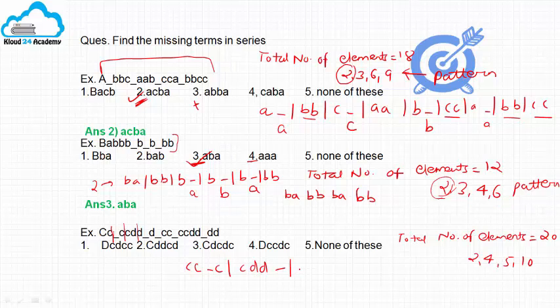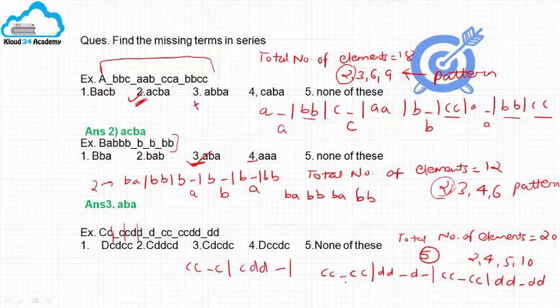If we take 5 at a time, we get CC dash CC, DD dash D dash, CC dash CC, DD dash DD. So here, if we take 5, we are seeing a pattern.